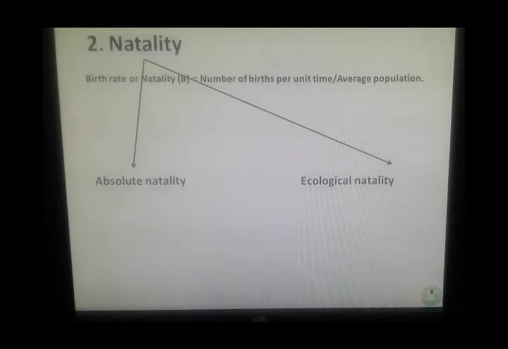It is also called realized natality. Therefore, you can understand that ecological natality is not a constant for the population, but it can vary with environmental conditions and size and composition of the population. I hope that you have got my point regarding the natality.